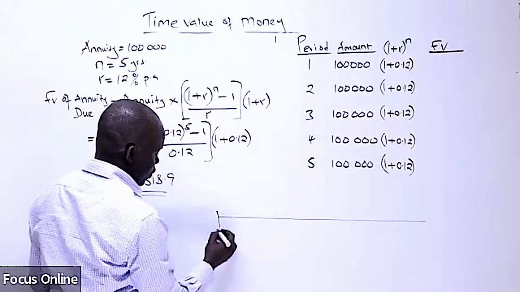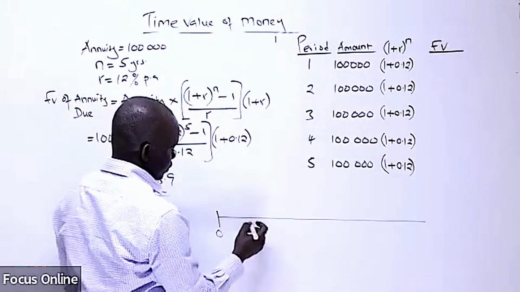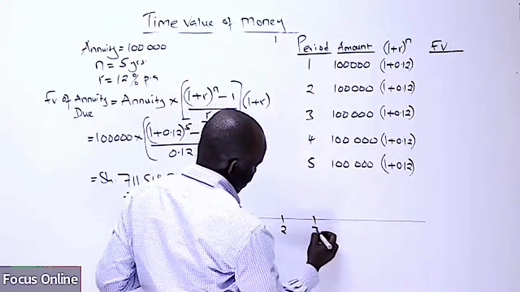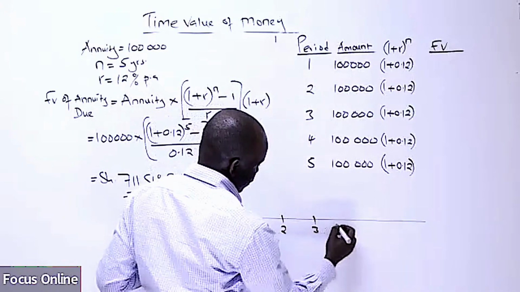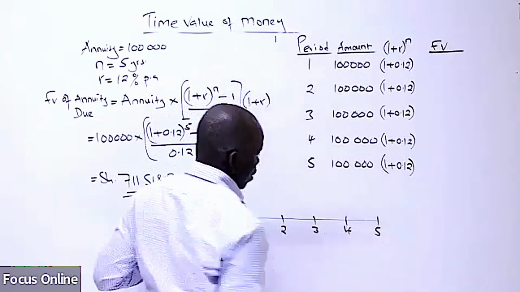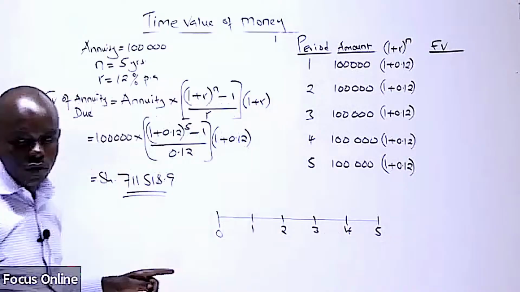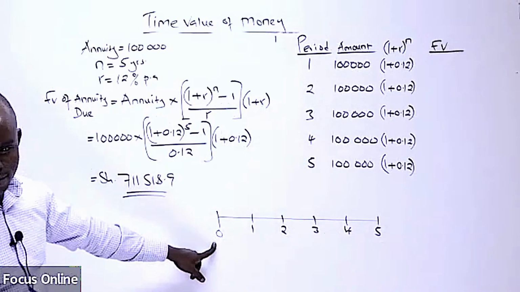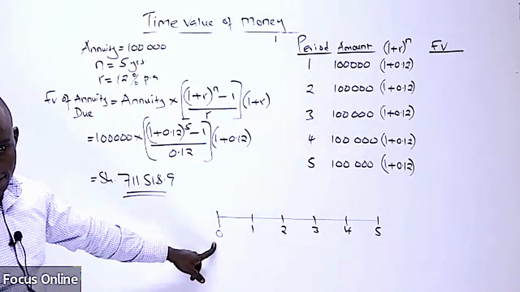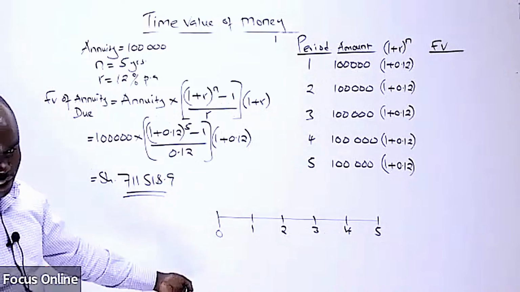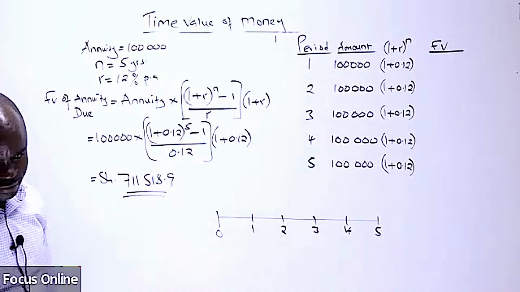We will have 0, 1, 2, 3, 4, 5. And remember, the reason why we are starting at 0, you must count 12. Oh, someone else is getting 424? 711,424. Okay. Another person? A third person?